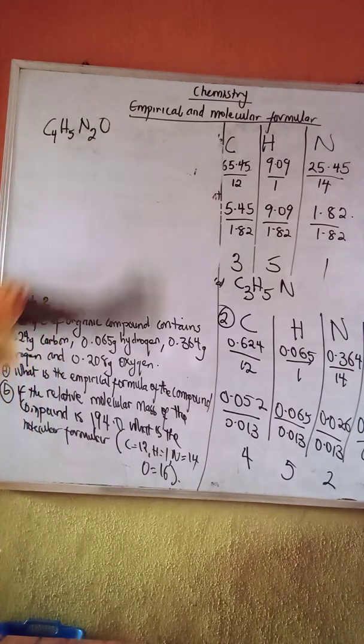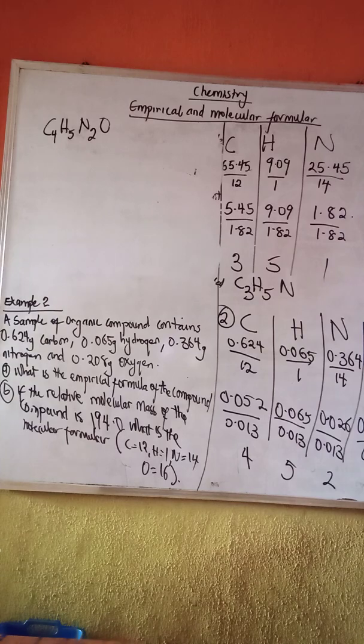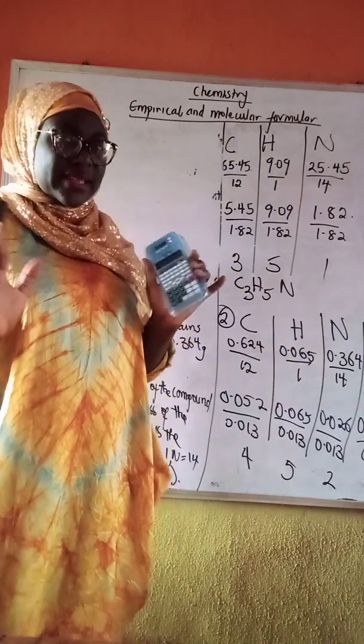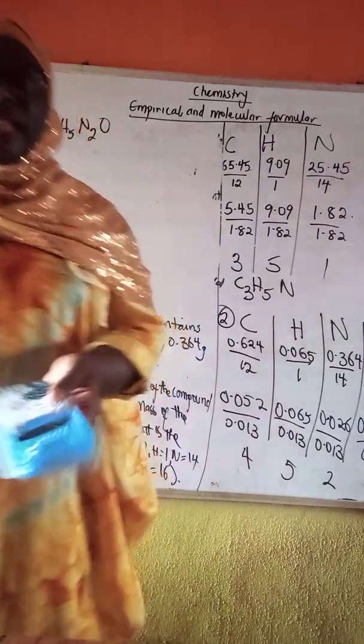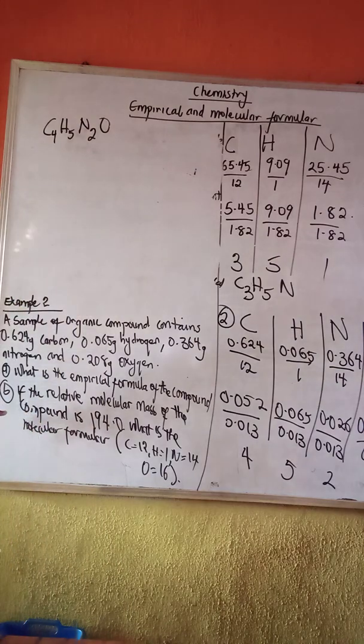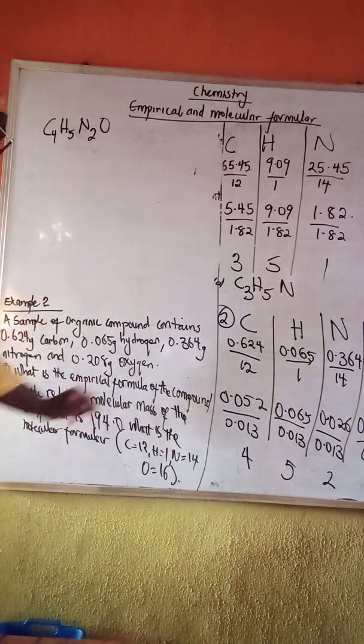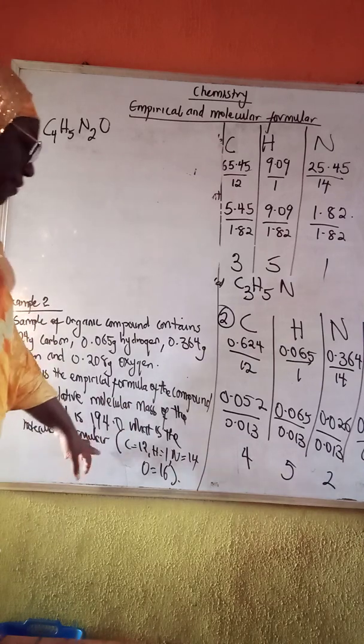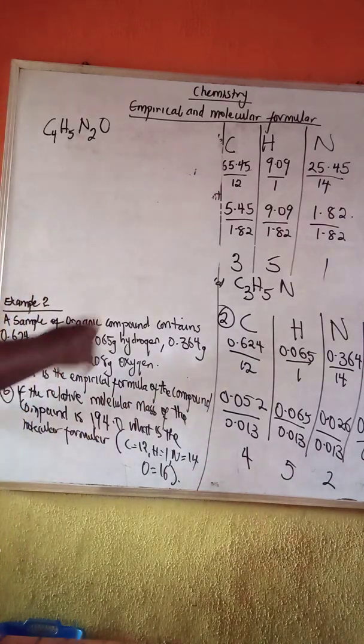So let's leave it like this. This is our empirical formula because that's the simplest form in which that compound exists. Now let's go ahead with the molecular formula. So the question says, if the relative molecular mass of that compound is this, what will now be its molecular formula?